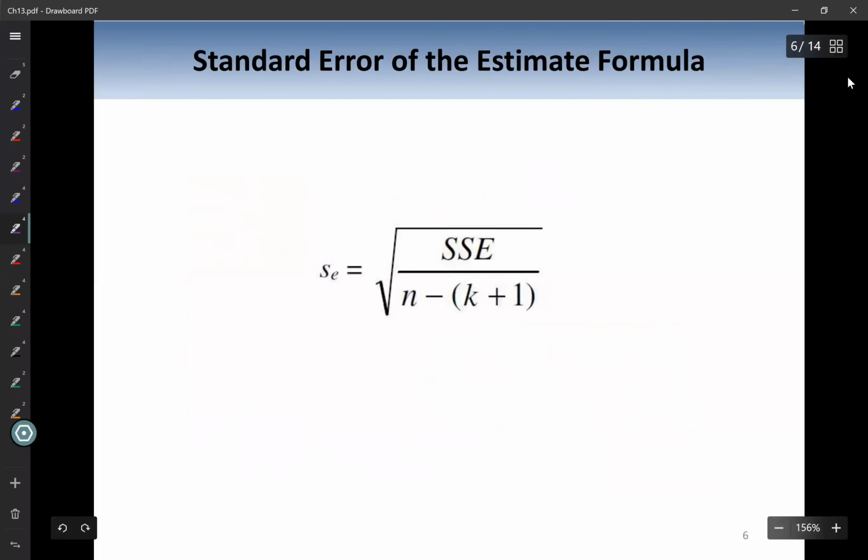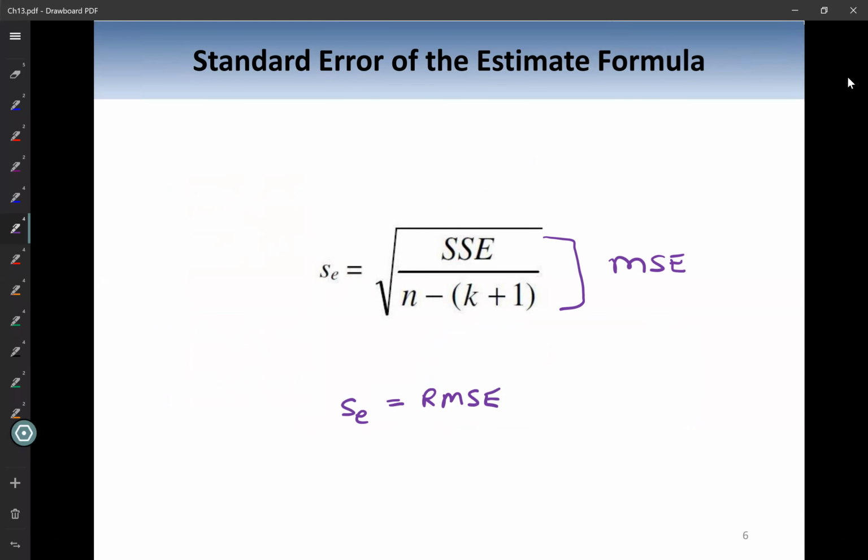All right, we can also look at the standard error of the estimate. The expression under the radical there, SSE divided by the degrees of freedom, we know is equal to the mean square error. And so sometimes we call this SE the standard error. We also call it the root mean square error, because it's equivalent.